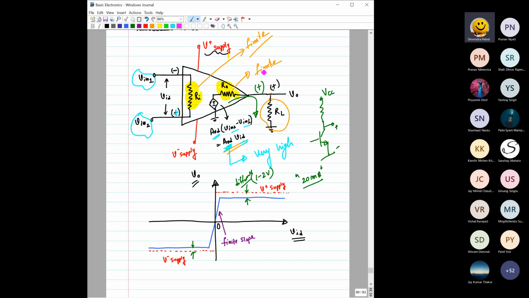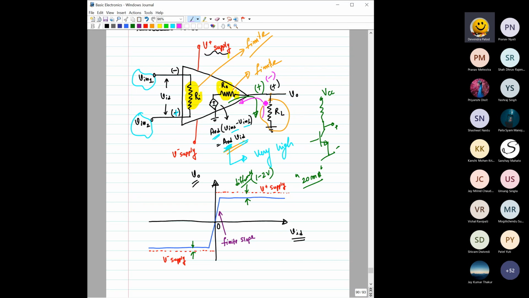However, when this voltage Vo is negative, then current has to flow inside, and only then will you get the output voltage negative. So then the op-amp is acting as a current sink, right? In one case the output is acting as a current source, and in the other case the output is acting as a current sink.